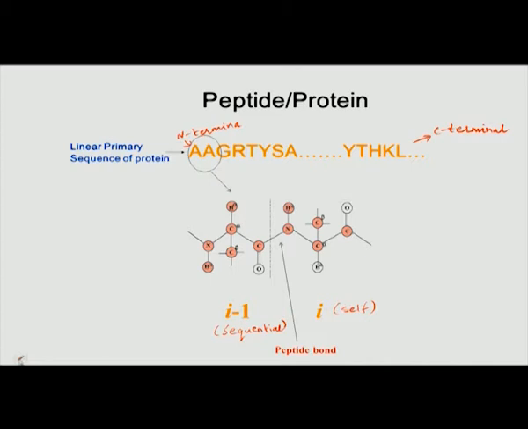So, we use the words self and sequential to denote these two different amino acids. This is a peptide bond which is linking the two amino acids.